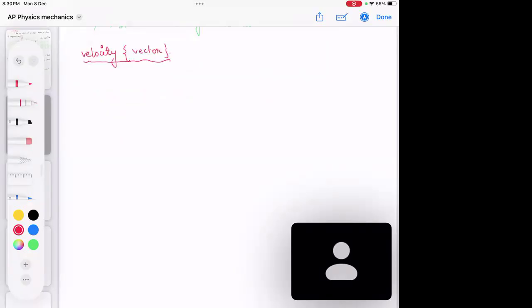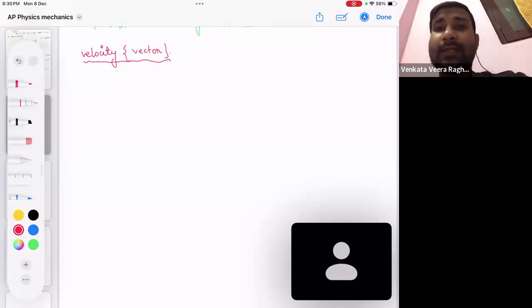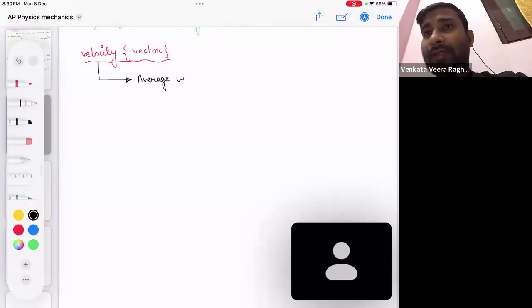The distance traveled in a particular time is speed. Displacement in a particular time is velocity, correct. So tell me, can I define velocity in two ways? The first type of velocity I'm going to call average velocity.